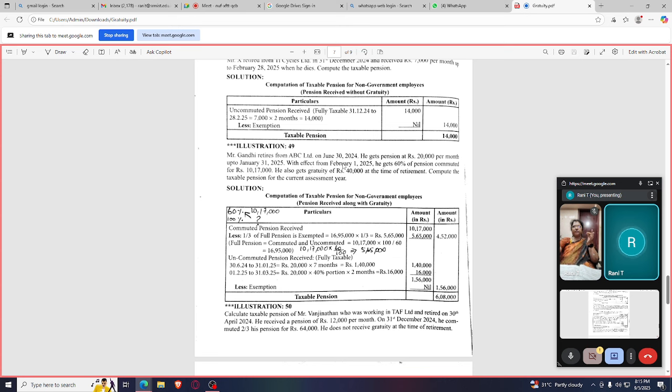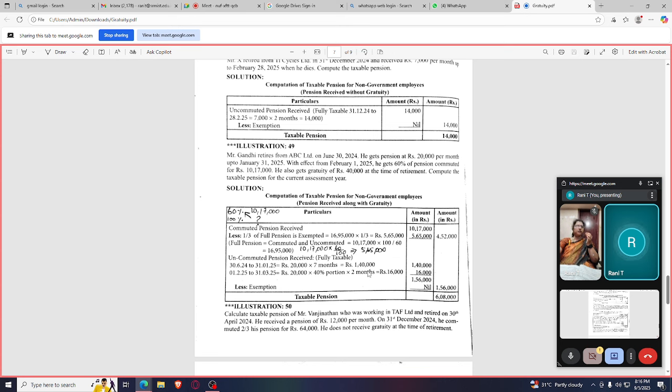And after that, from February 1 he gets uncommuted pension. What is the meaning of uncommuted? Instead of taking a lump sum, he receives only 40% monthly. Because 60% he has taken as a lump sum in one go, 10,17,000, the remaining 40% alone will be given to him month by month. Right? So find 40% of 20,000 and calculate it for how many months? Only for 2 months. Why 2 months? It is given that from February 1, you calculate only till 31st March.